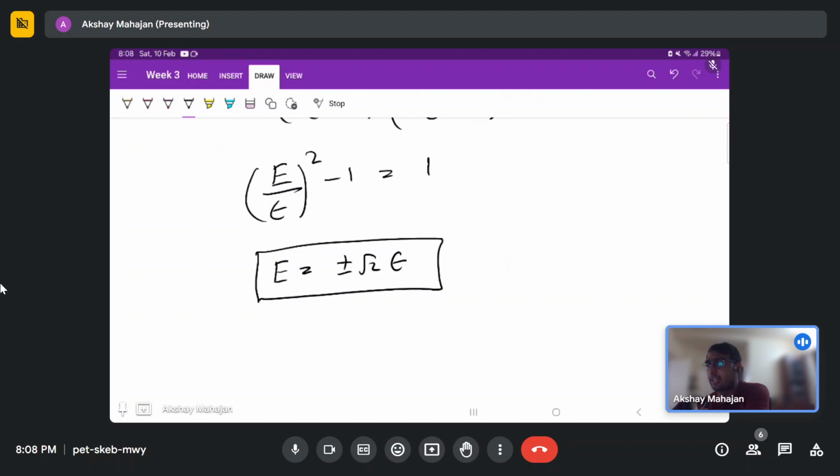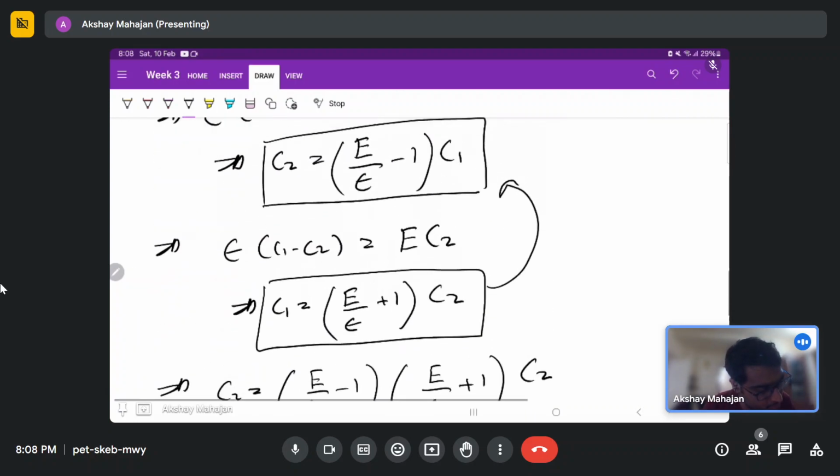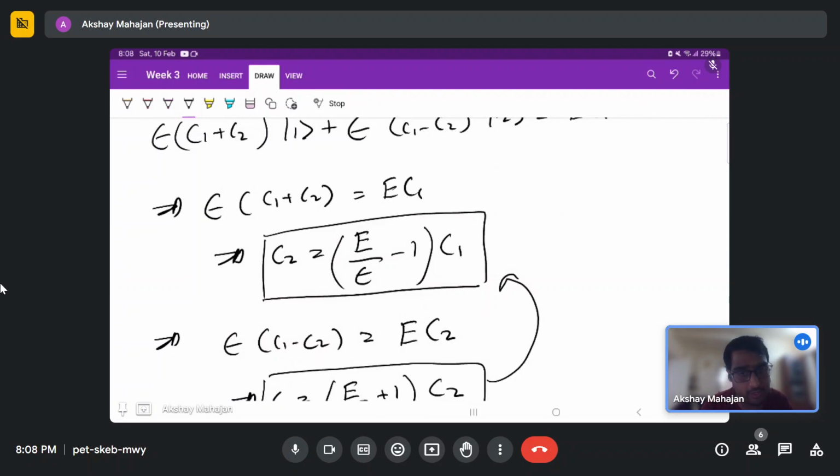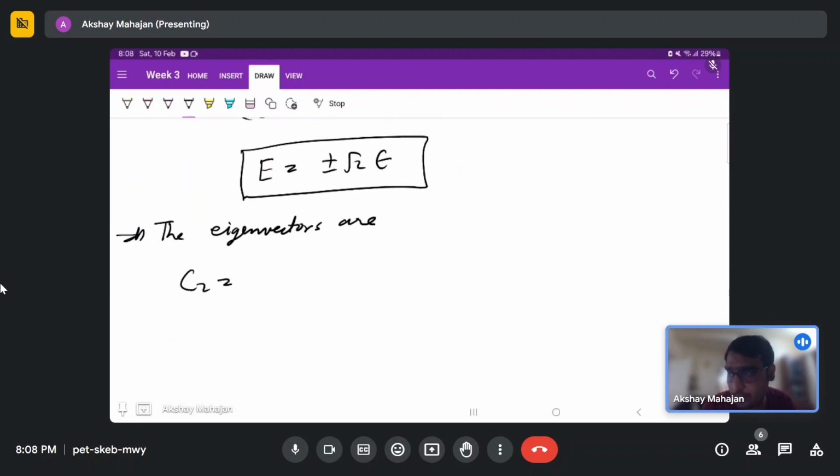And then the eigenvectors we have to find. Here we have the relation C2 equals (E by epsilon minus 1) times C1, and E we have found to be plus minus root 2 times epsilon. So from there we get C2 equals (plus minus root 2 minus 1) times C1.